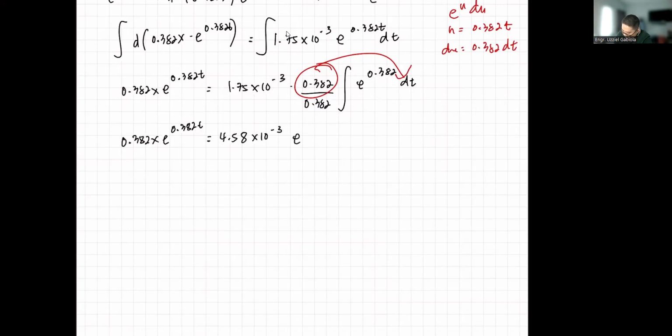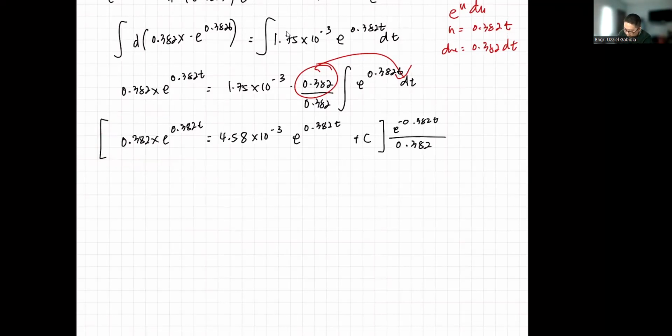And then e 0.382 t plus c. Okay? And then, both sides, multiply natin ng negative 0.382 t, tsaka divide natin ng 0.38. Okay? Para mawala siya dito.